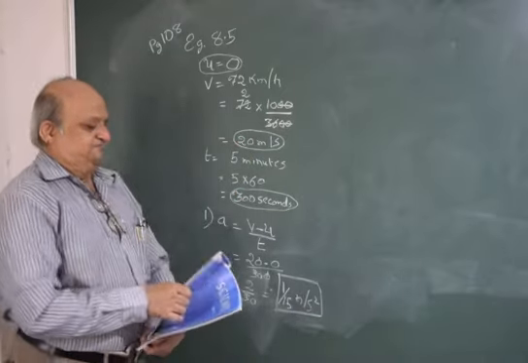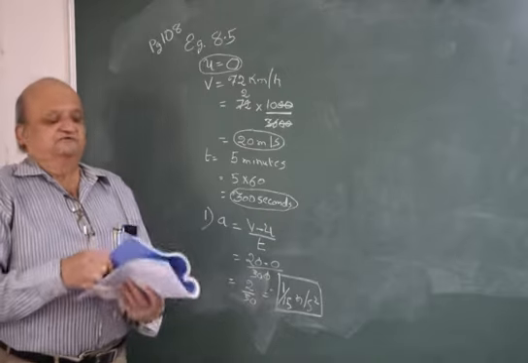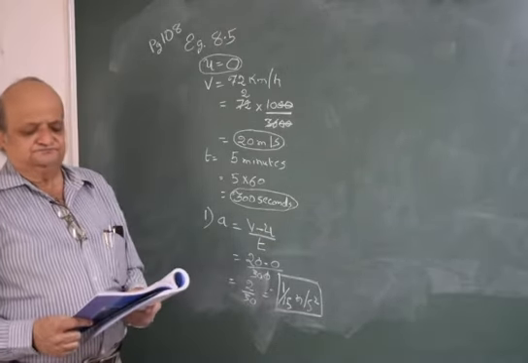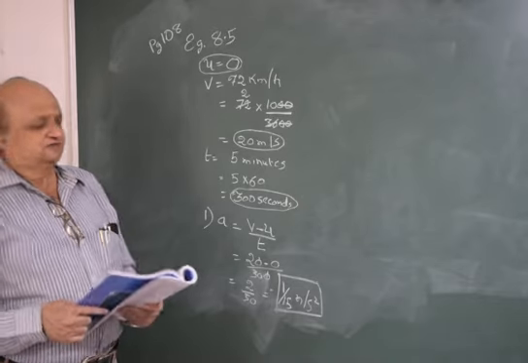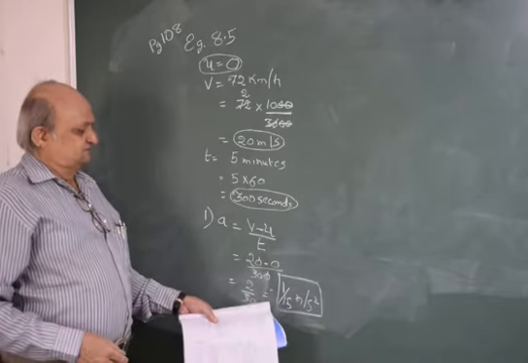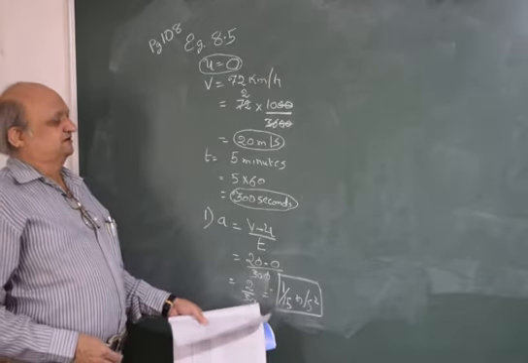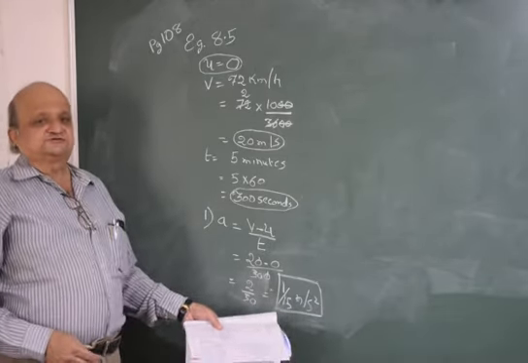This will be 1 upon 15, which can be converted into decimals, but because the textbook has 1 upon 15 meter per second square as the answer, we use the same.